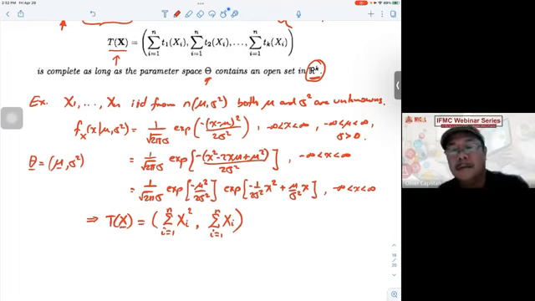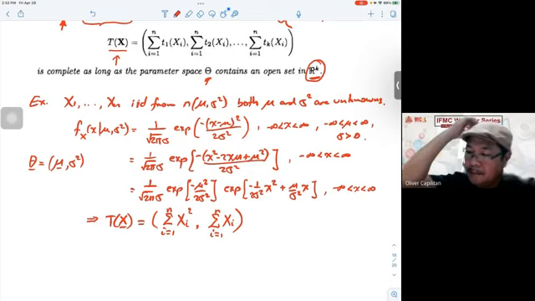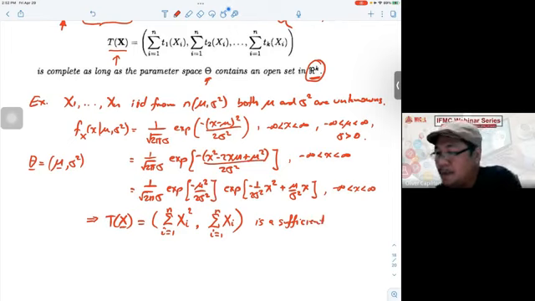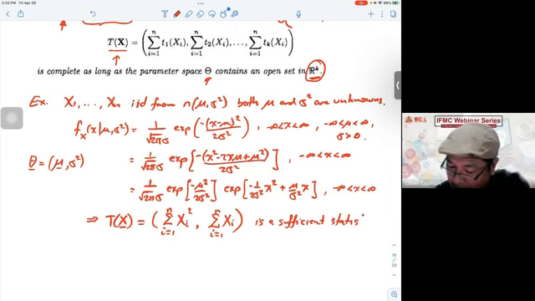Pareho sila. So, ang implication nga nito, it's a sufficient statistic, based on our previous example, Theorem 6.2.10.